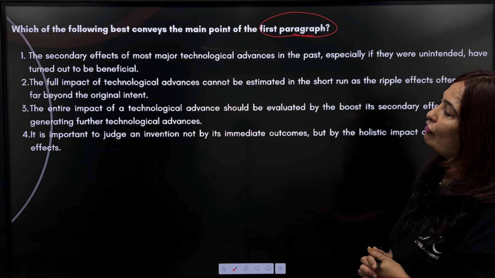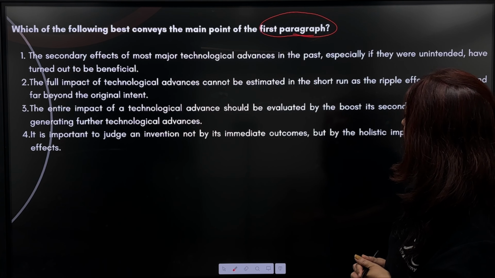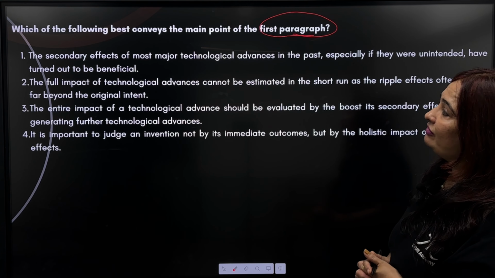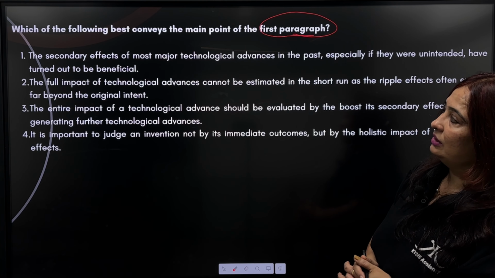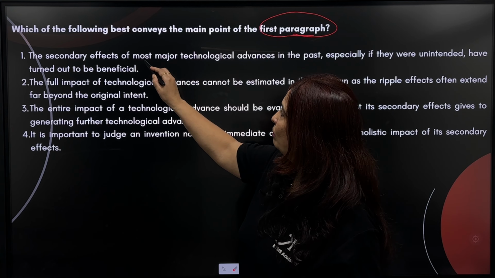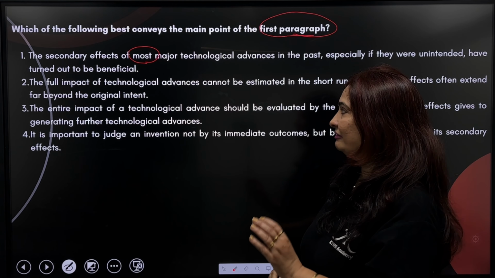The secondary effects of most major technological advances in the past, especially if they were unintended, have turned out to be beneficial. Now, can you see the extreme word over here? Most major technological advances.